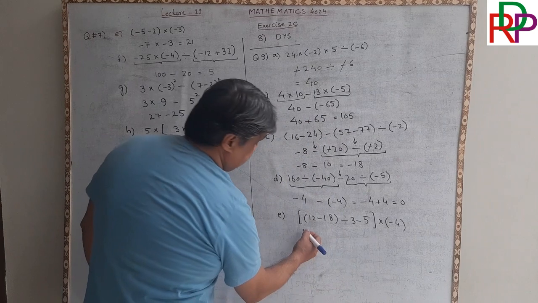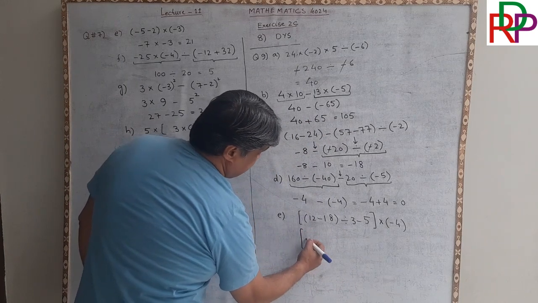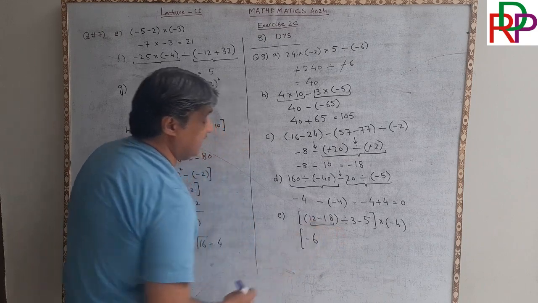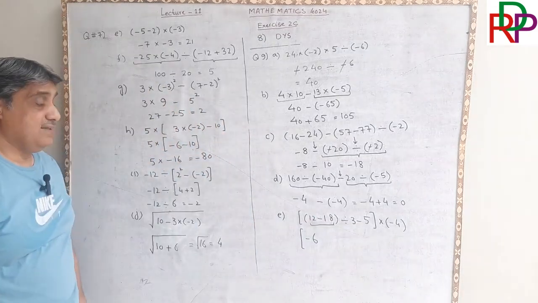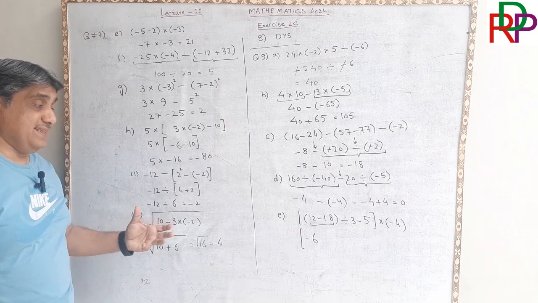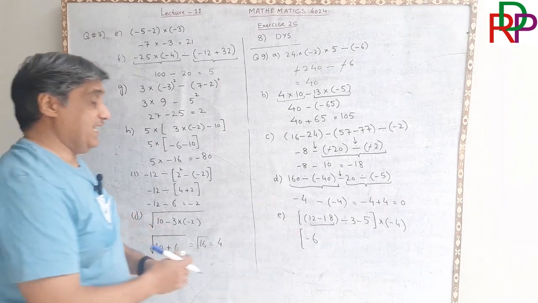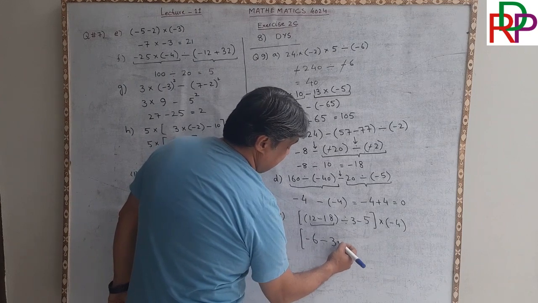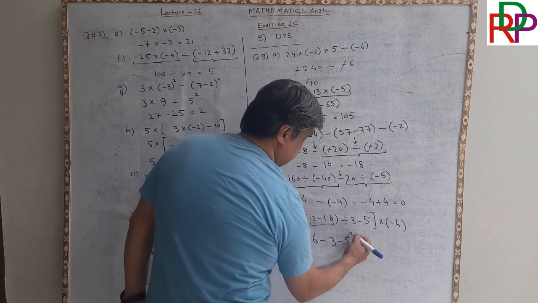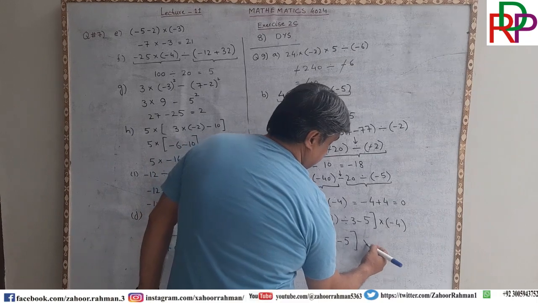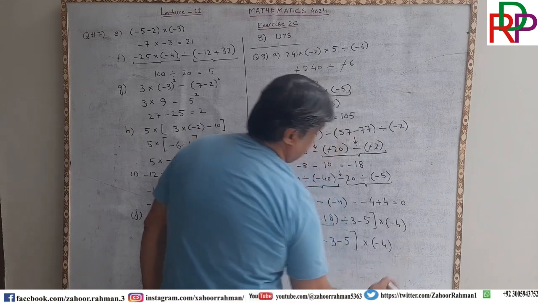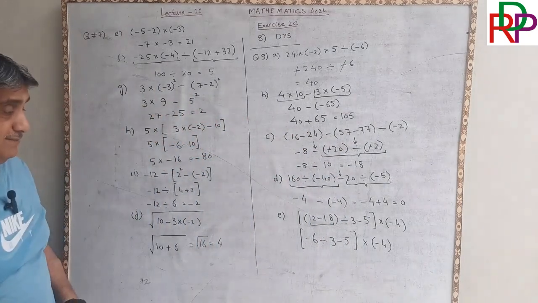Now first we write minus 6 because we are evaluating the parenthesis, and then I will write divided by 3 and then minus 5 and then multiplied by minus 4 in its place.